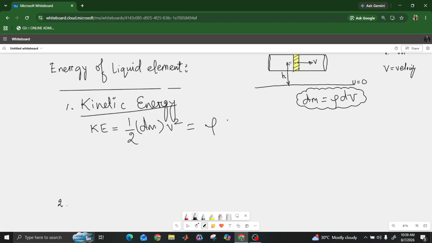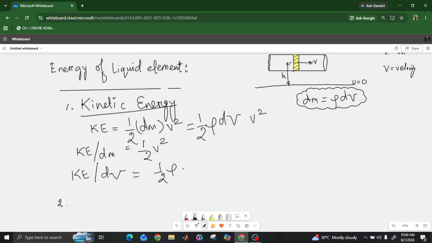So it will become half rho dV v square. If we consider kinetic energy per unit mass, what will be the formula? Half v square. And if I consider kinetic energy per unit volume, what will be it? Half rho v square. Am I correct?